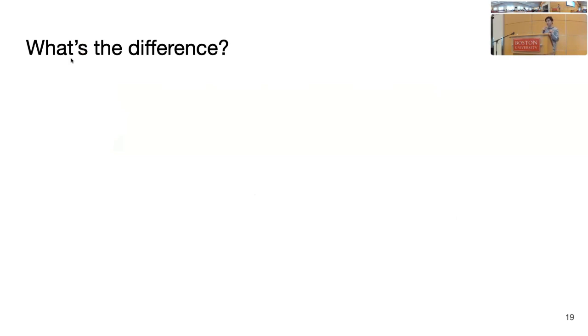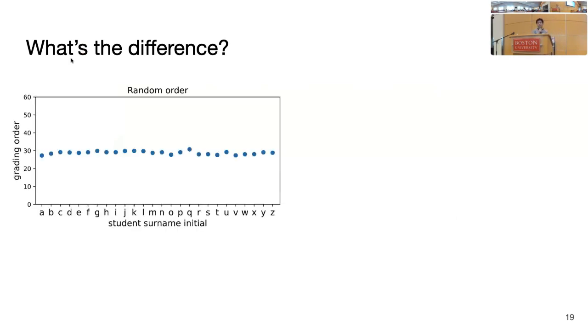So what's the immediate difference? This is also based on the real scores from our data. For randomly graded assignments, the average grading order for students with different initials will all be almost the same.